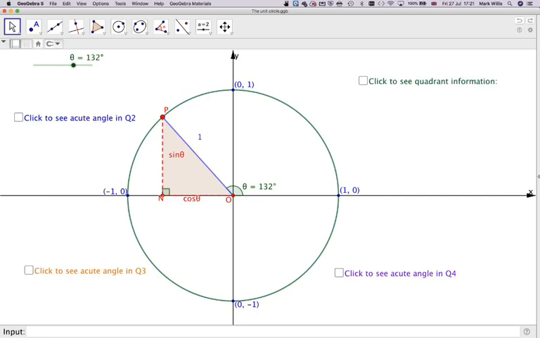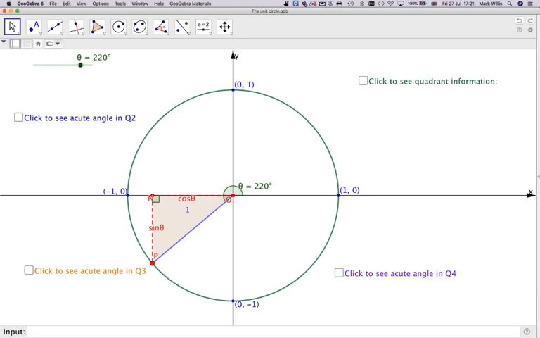Let's now go into the third quadrant. So now we're looking at angles between 180 and 270. Let's take this one here, 220. The angle is measured from here all the way around to this point. But again, we can get an equivalent acute angle.